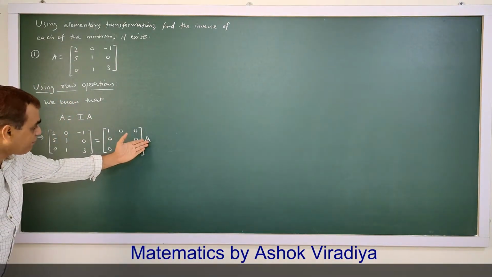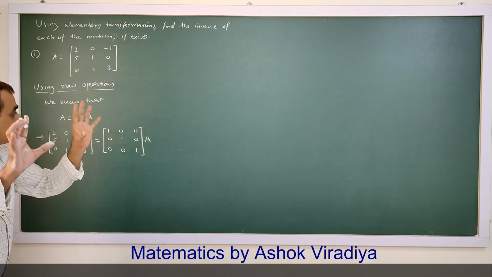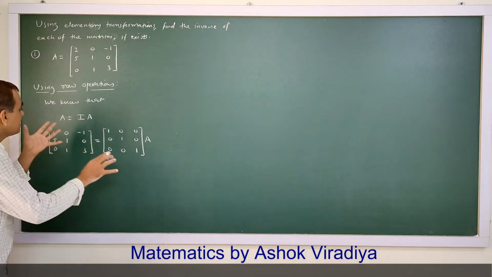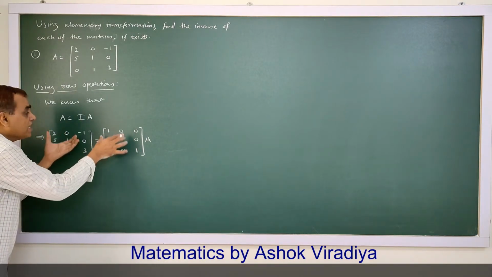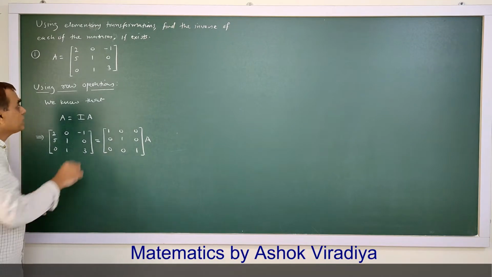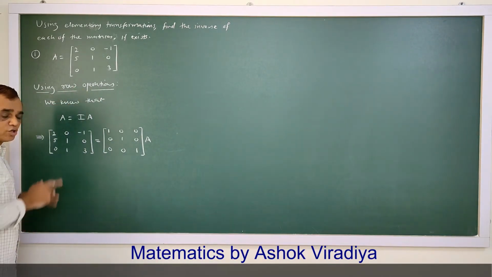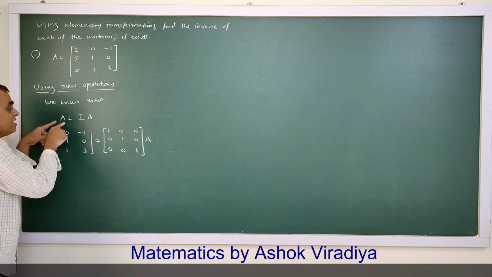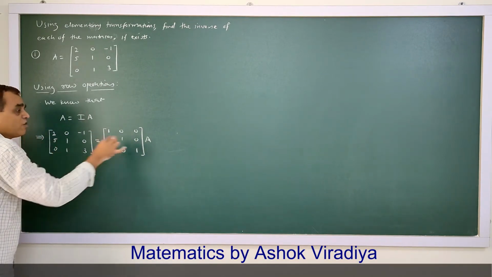This A we forward as it is in every step. Only changes will be in A and I. We will do parallel changes using the row operations. So this will be the starting. A is equal to I into A. Keep value of A on left side, don't keep on the right side.